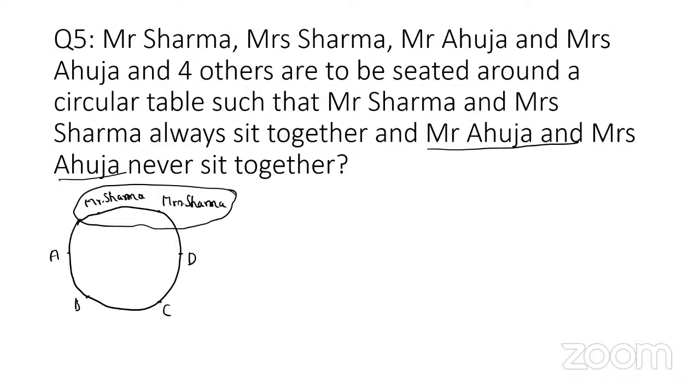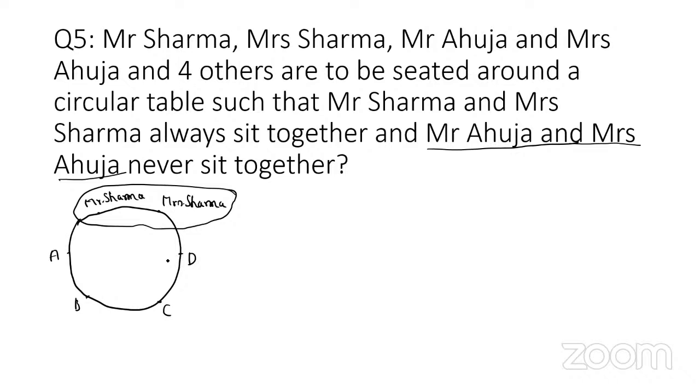So, guys, first of all, let's fix these people, the people except Mr. Ahuja and Mrs. Ahuja. So we can fix them in how many ways? Guys, this is a circular arrangement, right? With actually 5 quantities, not 6, 5 articles, or we can say 5 units, right? Mr. Sharma and Mrs. Sharma are taken in a group.